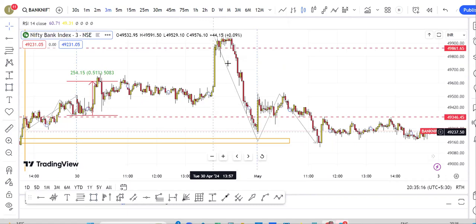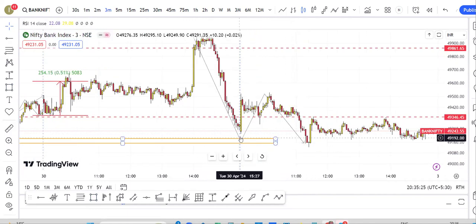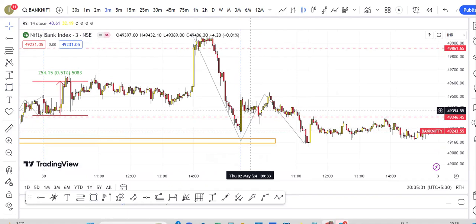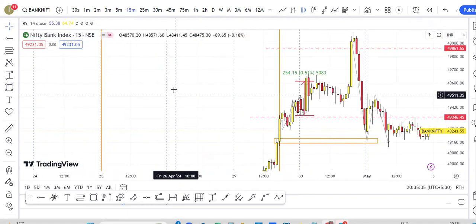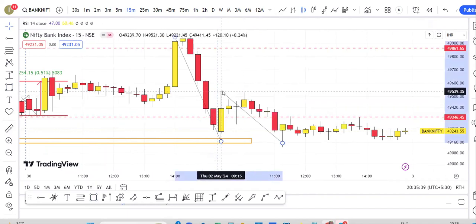So what happened that day, on the expiry day, it fell. Okay, it fell. So you wouldn't have taken this first candle. You have to wait for the 15-minute candle. First 15-minute candle, it was a high.